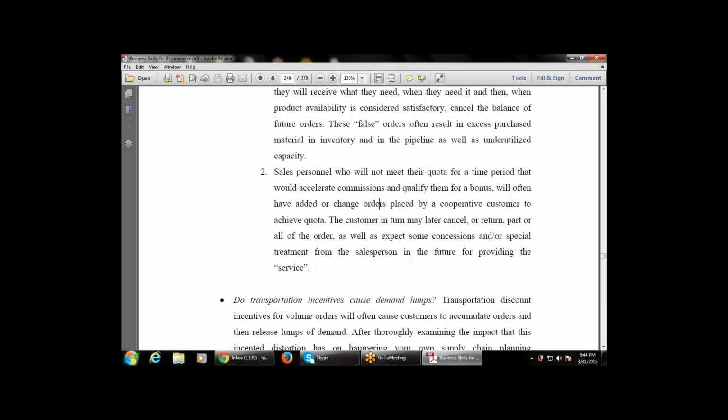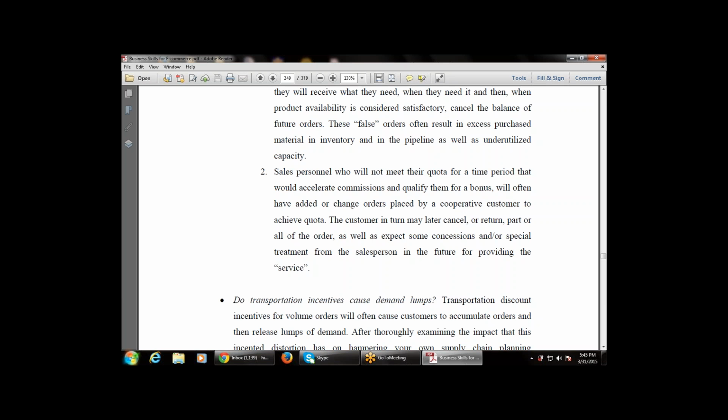The customer in turn may later cancel or return part or all of the order, as well as expect some concessions or other treatment from the salesperson in the future for providing the service. Then the next question arises: do transportation incentives cause demand humps or lumps?